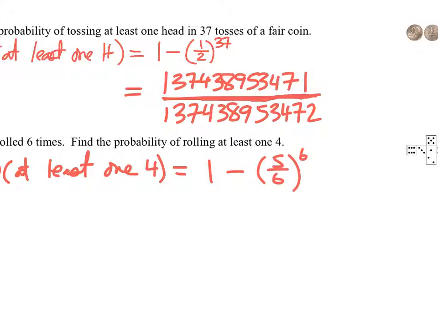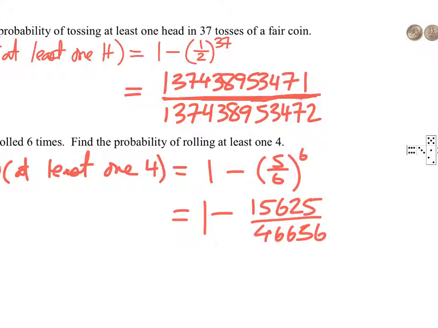So this one's a little weirder, but the way we would handle this is 5 to the 6th is 15,625, and 6 to the 6th is 46,656. So we're looking at 1 minus 15,625 over 46,656. And then with our common denominator, we're just saying 46,656 minus 15,625.